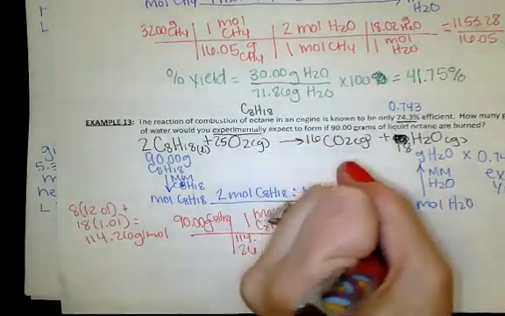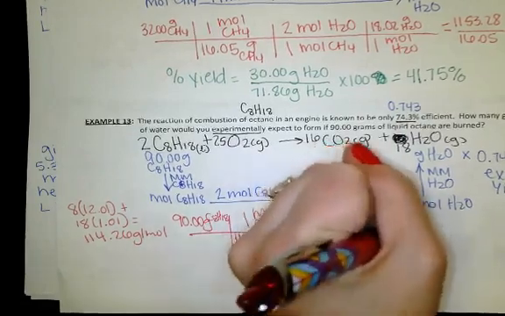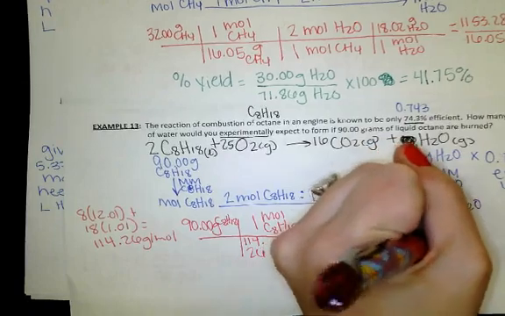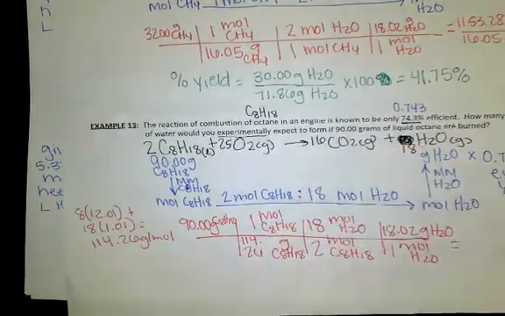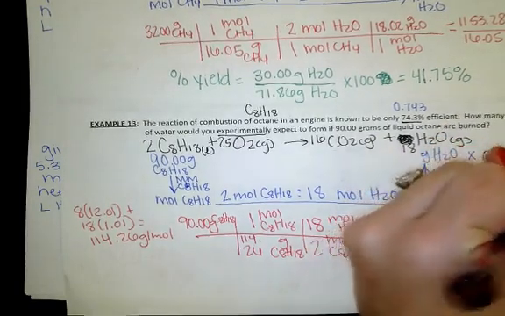So this should give us our theoretical yield, 90 times 18 times 18.02 on top. It's going to give me 29,192.4. And then 2 times 114.26. It's going to be 228.52.